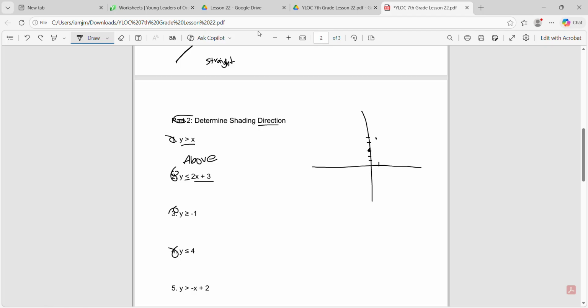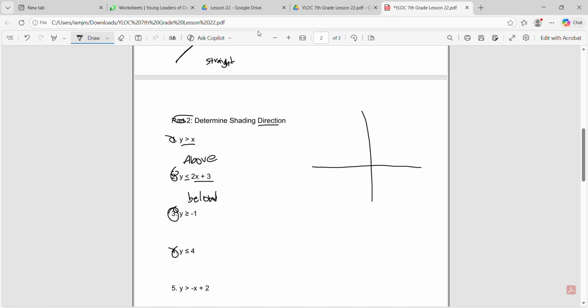Sorry about that. The line should be dashed. Since y is less than and not equal to 2x plus 3, it should be below. The line should be dashed and it should be below the line. So down here. Below.